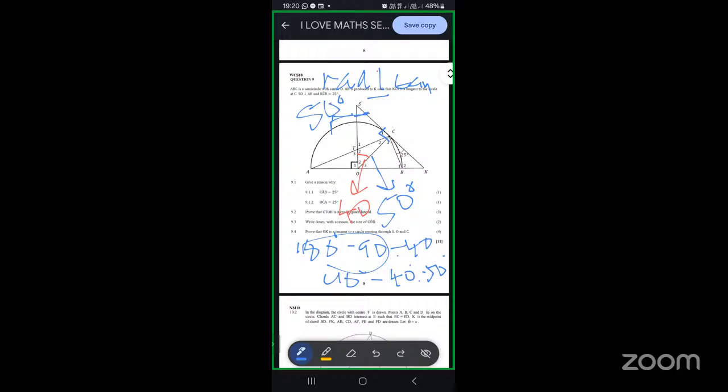Now we can come to the conclusion that if there exists some circle here on OCS, this will definitely be a tangent. Why? Because if this is a chord of that circle and this is a tangent to the circle, this will be the angle between the chord and the tangent.